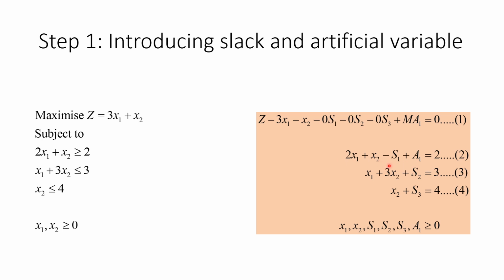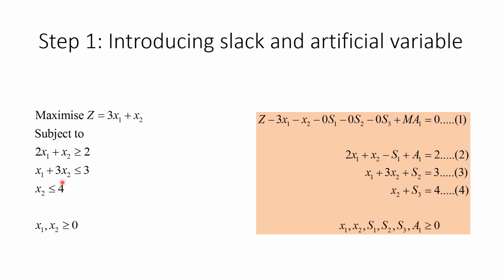So we write minus s1 plus a1. Why do we write plus a1? Because we have to make an identity matrix in the simplex method, and the coefficient of s1 is -1, so we introduce our artificial variable a1.